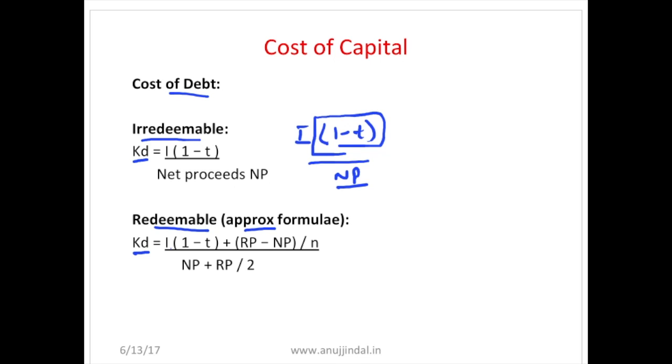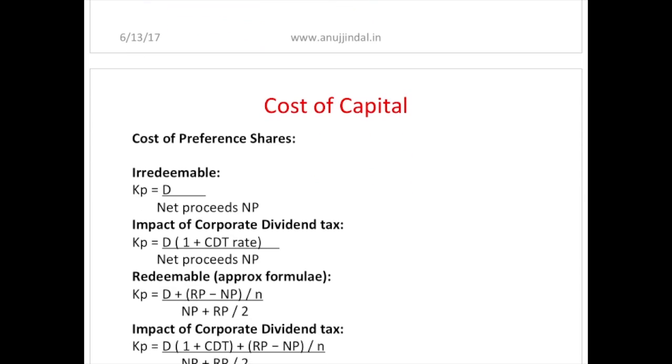The formula is I(1 minus T), similar to the irredeemable formula, plus (RP minus NP) divided by N, where RP is redemption proceeds, NP is net proceeds, and N is the number of years. Then you divide the entire thing by (RP plus NP) divided by 2. So you get the approximate value of cost of debt in case of a redeemable debt.